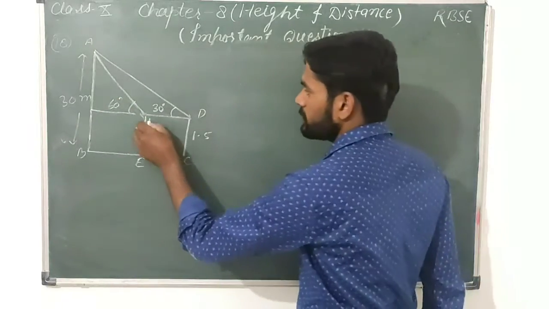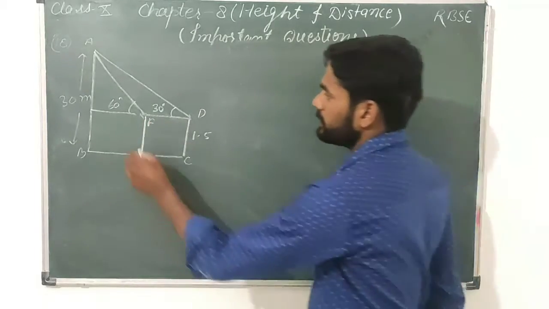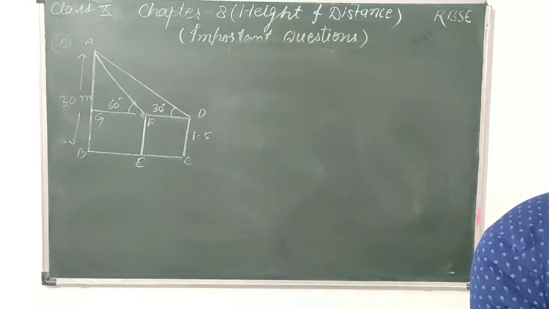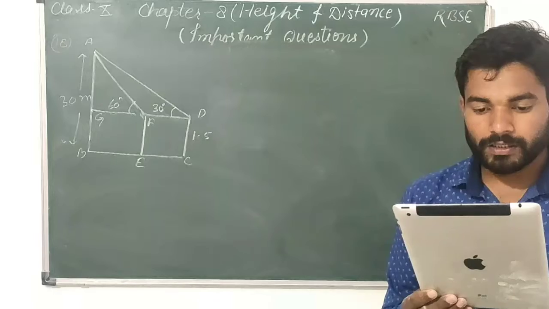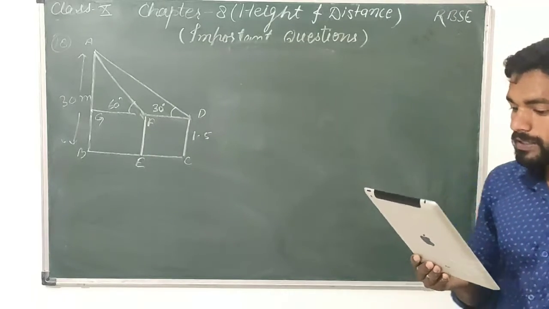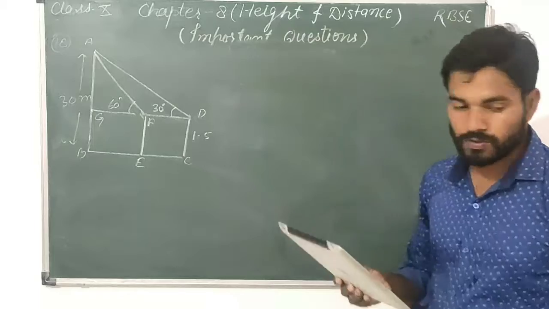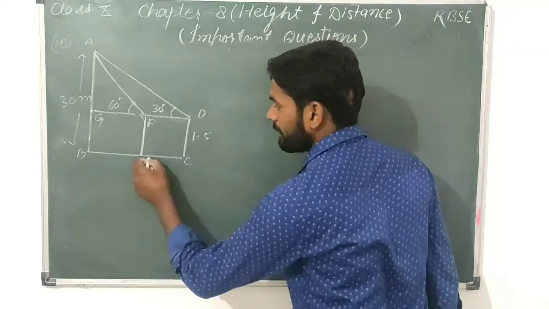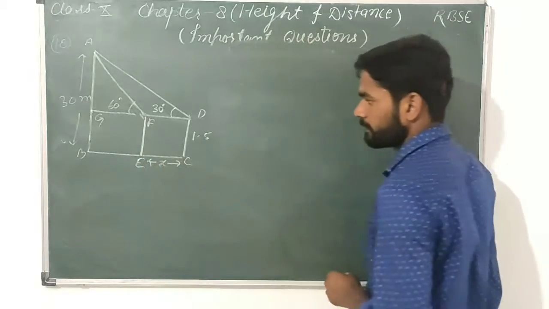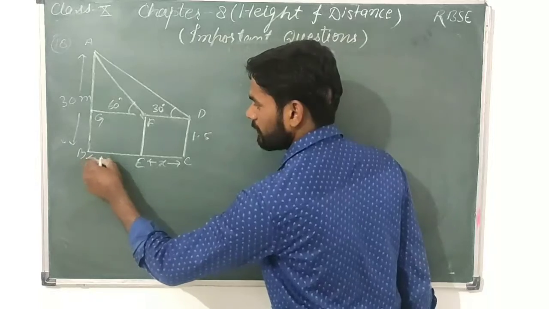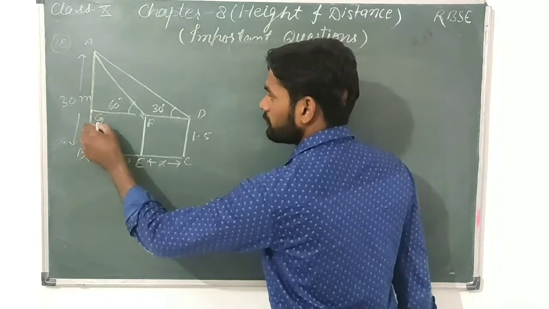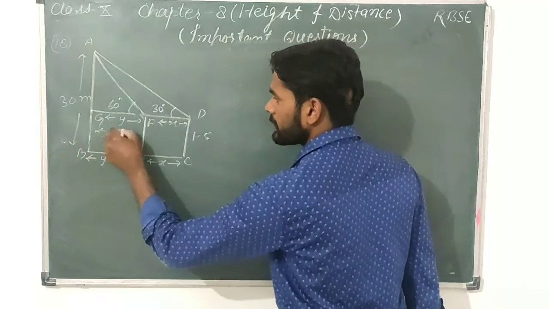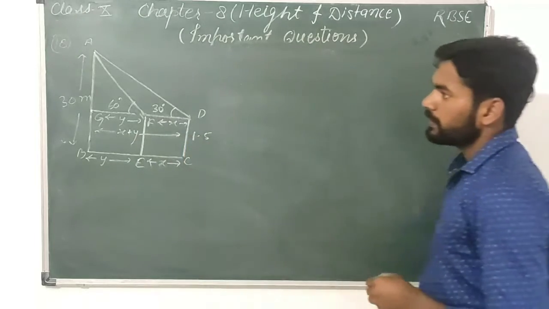Let's suppose this is the point F and this is the point Z. What we have to find out here is by how much distance he walked towards the building. So we calculate this distance traveled towards the building. Let's consider this x and this y, so this is also y and it is also x, and the total distance is x plus y.